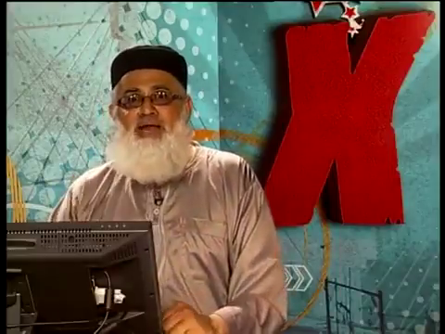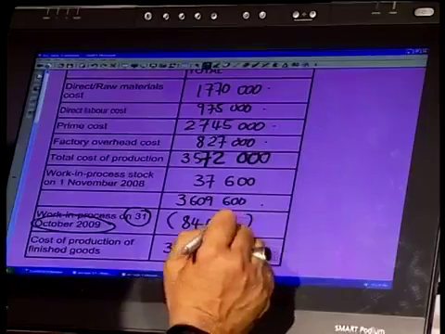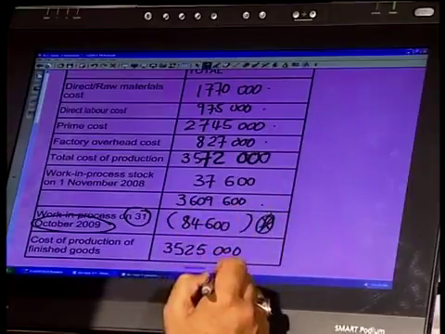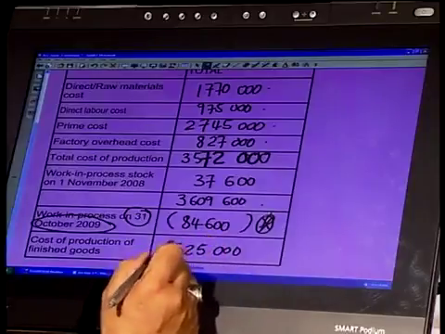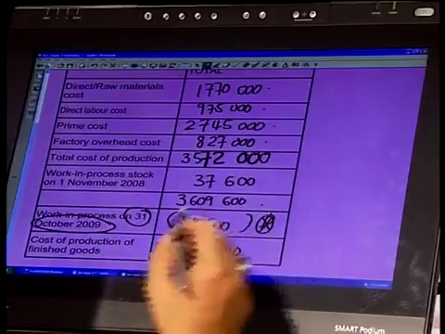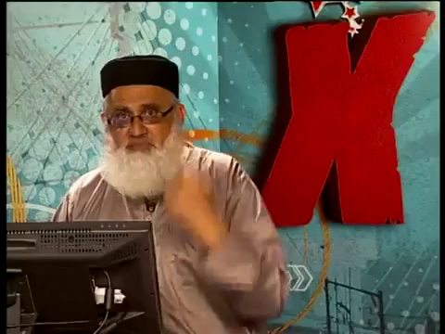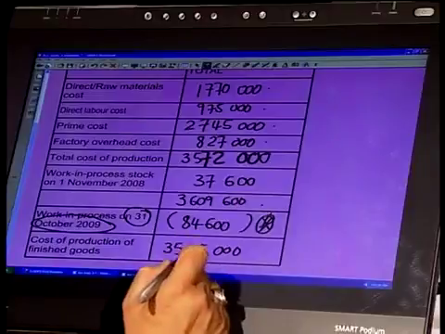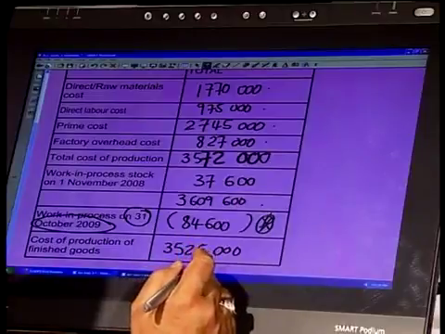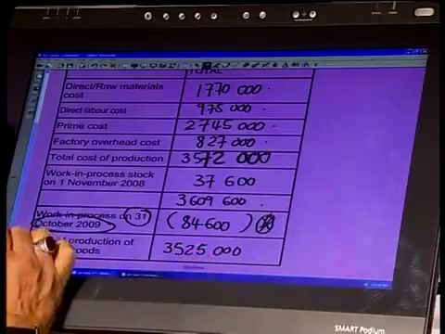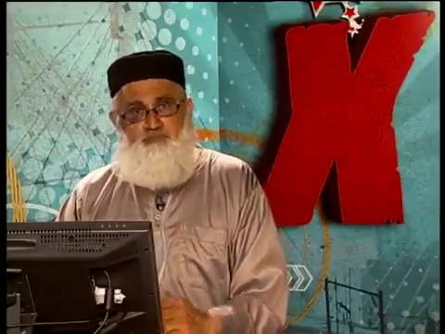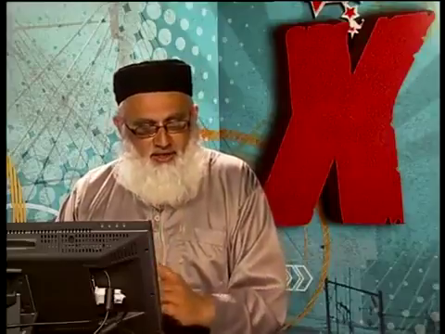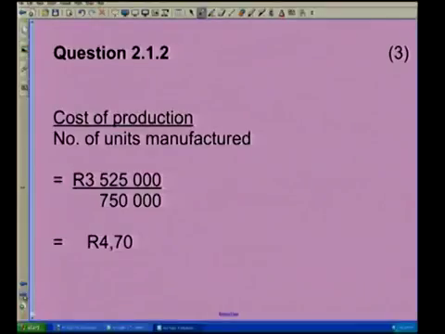Another important point, whenever we subtract in accounting, we indicate by use of a bracket. The use of that bracket is critical. You are telling the marker that I know what I'm doing. I am subtracting this figure, this 84,600, to arrive at my final answer of 3,525,000. Obviously, remember something else. If that is 3,609,000 and this is a smaller figure, it indicates to you that you have to subtract.